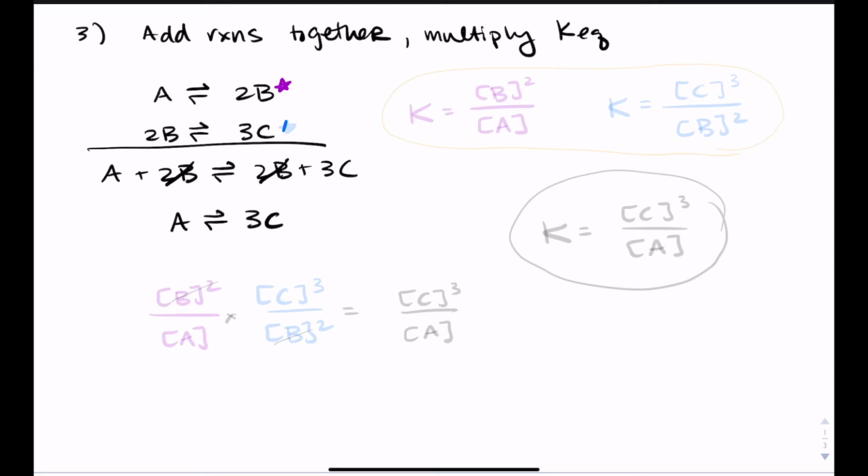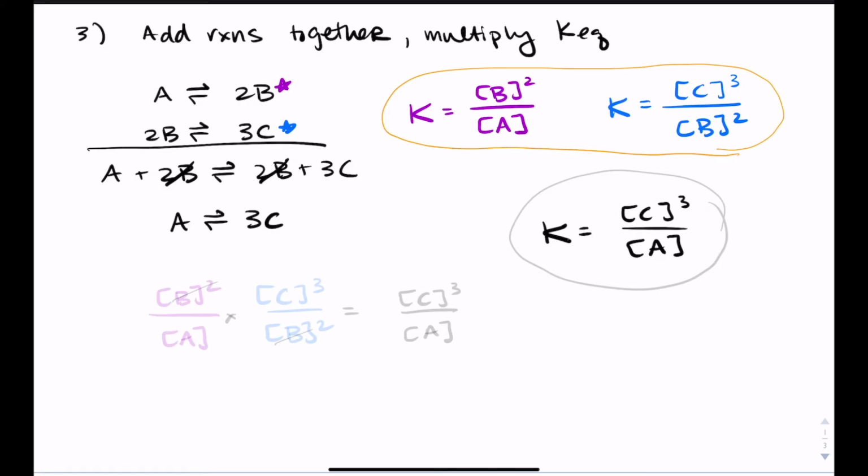If I add these reactions together, on the left I have A plus 2B in equilibrium with 2B plus 3C. My 2B's cancel out. So I have A in equilibrium with 3C. If I take my resulting reaction and just write the equilibrium constant expression, I get concentration of C cubed over concentration of A. So I should get that exact same result if I multiply the equilibrium constant expressions from the individual reactions.